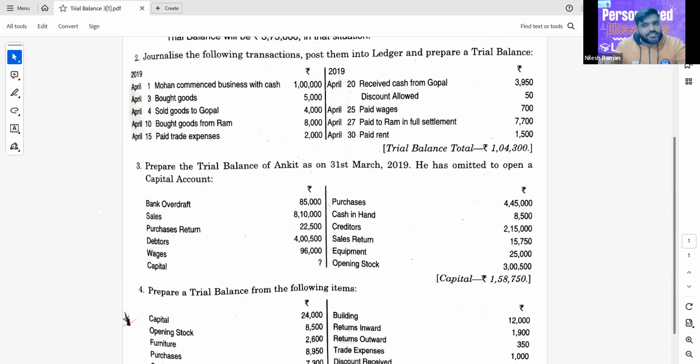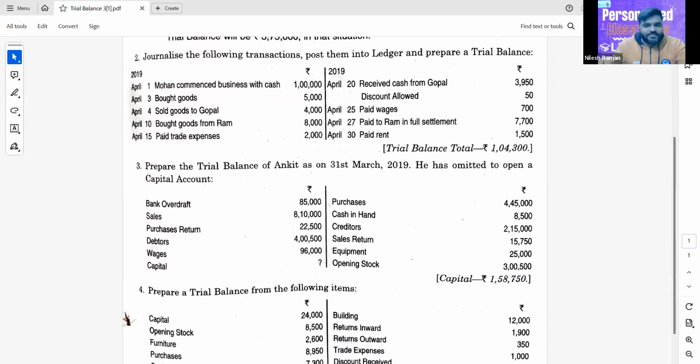Cash account debit to discount. Oh, sorry. Cash account to Gopal account. Cash account debit to Gopal account. Cash account debit, discount allowed account debit to Gopal. Yes, yes, yes.